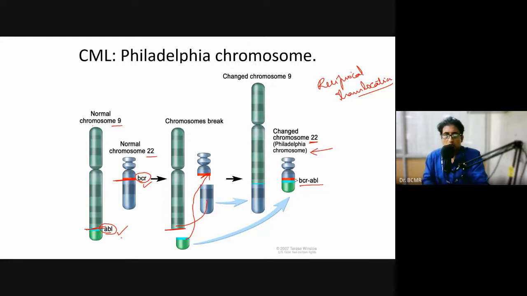So this was producing one protein, this was producing another protein, and now after the formation of the Philadelphia chromosome, it forms something like this. That's a fused protein product. It means it is compromising two points. One is we don't have ABL now, and we don't have BCR, and we have an unnecessary product here, BCR-ABL, which is twice or thrice the complication.